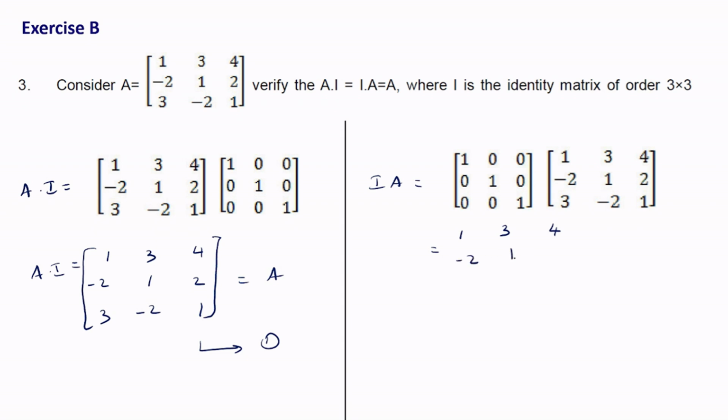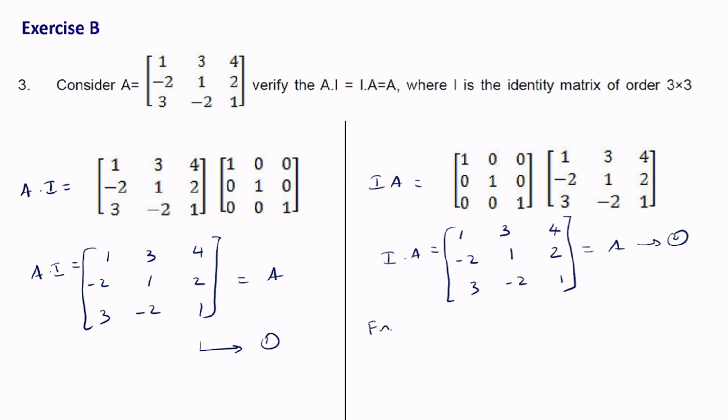Then second row second column, it is 1. Second row third column, 4 into 0 is 0, plus 2 plus 0, so it is 2. Third row first column, it is 3. Third row second column, minus 2. Third row third column, 1. Again, this is equal to A. This is I into A.